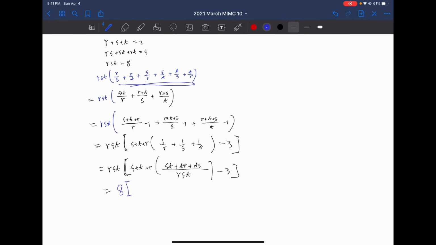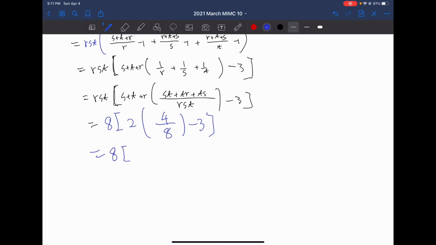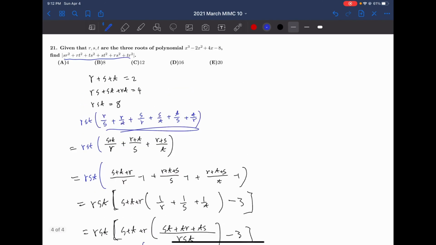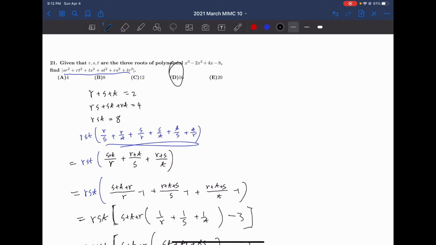S plus T plus R would be 2. ST plus TR plus TS would be 4. So that would be 8 times 2 times 1/2, which is 1, minus 3. That will be 8 times -2, or -16. However, it is asking the absolute value of it, so our answer would be D, 16.